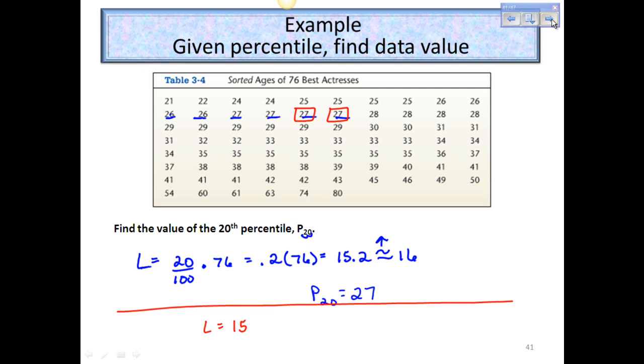Add those together, 27 plus 27, and divide by 2. The average of 27 and 27 is 27. And again, that is a what if my locator is a whole number? Then you pick that value and the next one and average them together. If it's not a whole number, round up to the next whole number and then go find that value in your list of data.